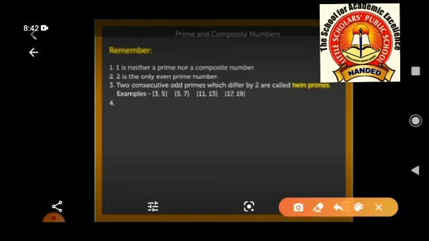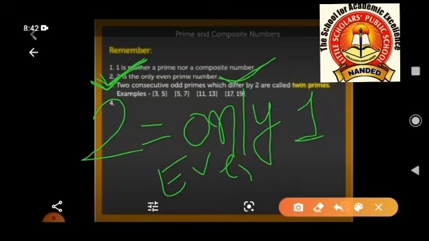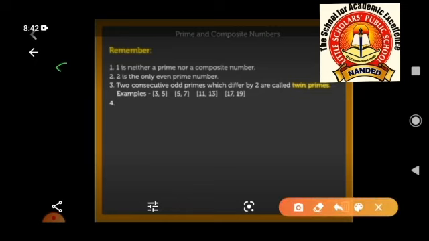So 2 is the only even prime number. This is one thing you can understand. Here you are getting, students, 2 is the only even prime number. I hope you all know very well what the even numbers and odd numbers are. The numbers which are multiples of 2 are the even numbers: 2, 4, 6, 8, 10.